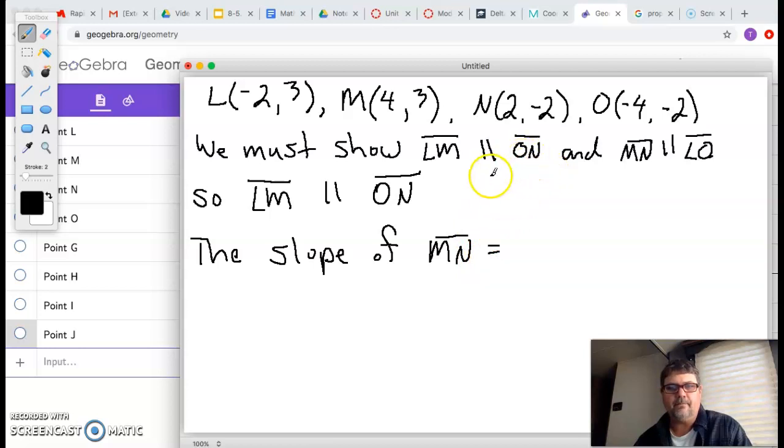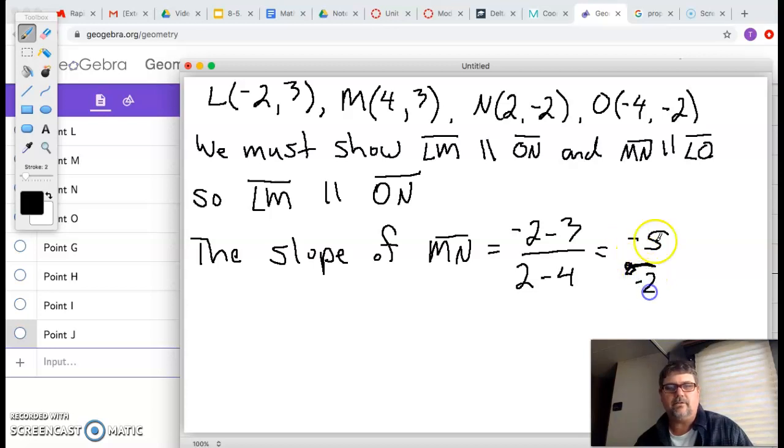So I'm going to get -2 minus 3 over 2 minus 4. Almost pushed that button just then, which gives me -5 over -2, which is what we already knew it had to be, was 5/2.